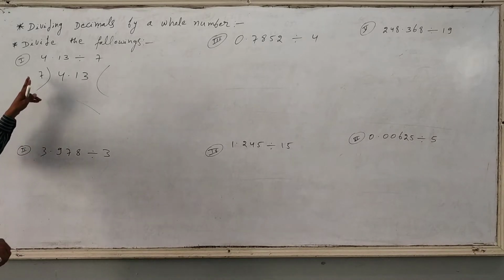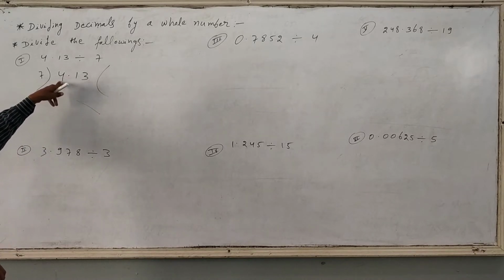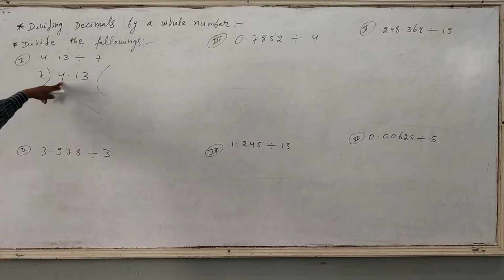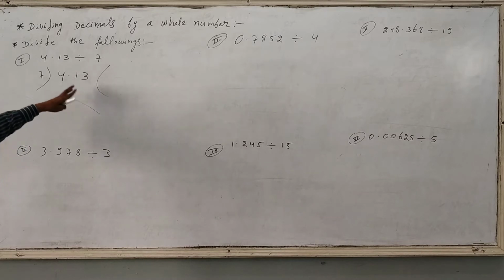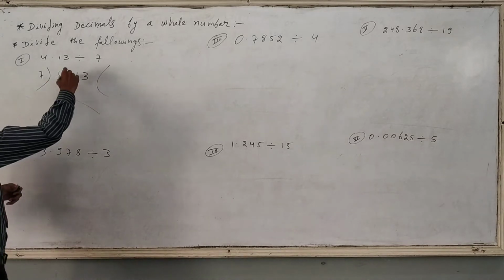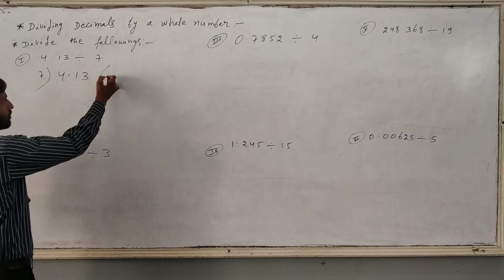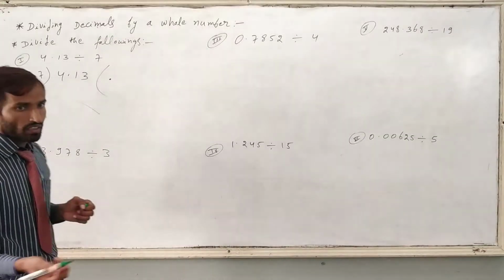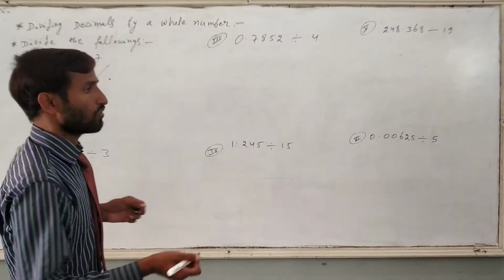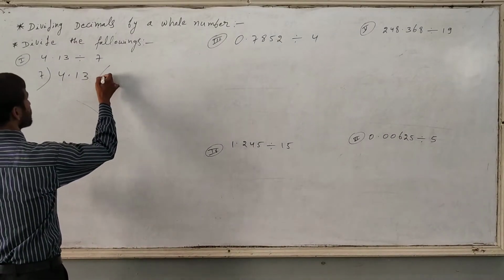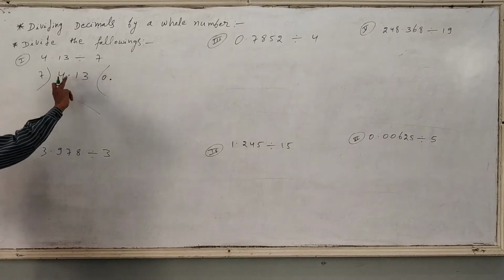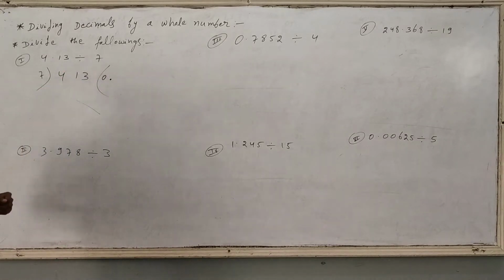Before the point, 4 is given and the divisor is 7, so it is greater than this number and not divisible. For that we remove this point and put the point in the quotient. There is no number written in the quotient, so we put 0 before the point. Now we can divide easily.